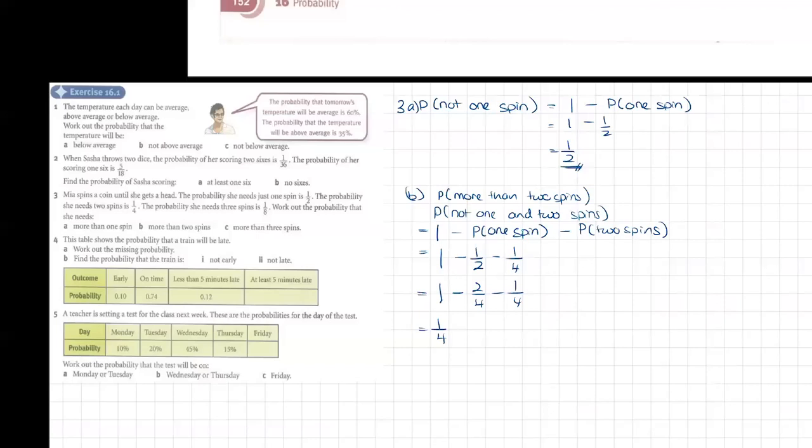And the last one, more than 3 spins. More than 3 spins would be not 1, not 2, and not 3. So the probability of more than 3 spins is 1 minus the probability of 1 minus the probability of 2 minus the probability of 3 spins. 1 minus half minus a quarter minus 1/8.